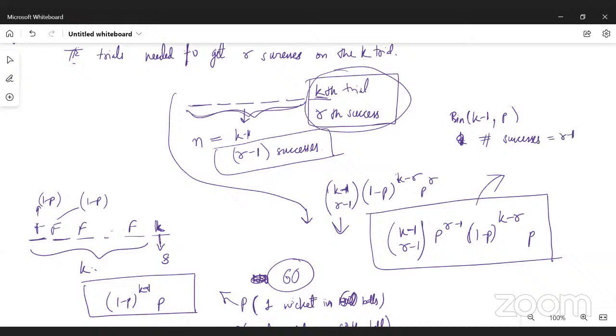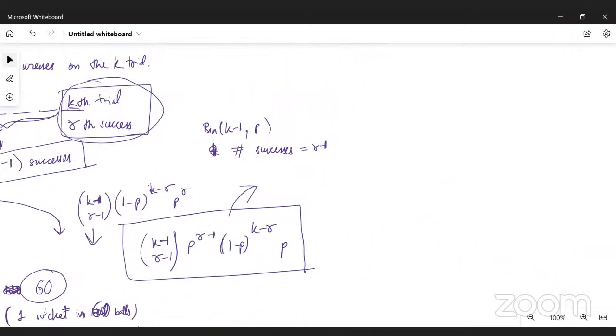If you have to write the probability distribution of this, where n is K minus 1, what will you write? You will write n choose K. So n is what in this case? It is K minus 1, choose R minus 1.